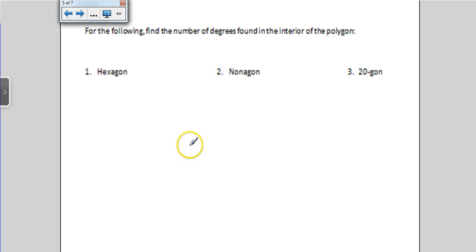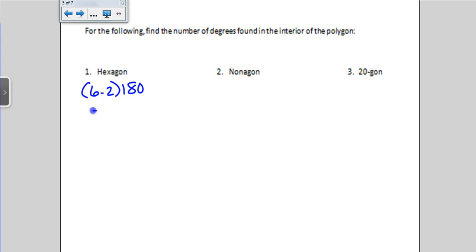Okay. The next couple problems do not have a picture, they just tell you what type of shape you have. So these won't be very hard. The first question is about a hexagon. And hexagons have 6 sides. I believe we already did this, but just remember 6 minus 2 times 180.